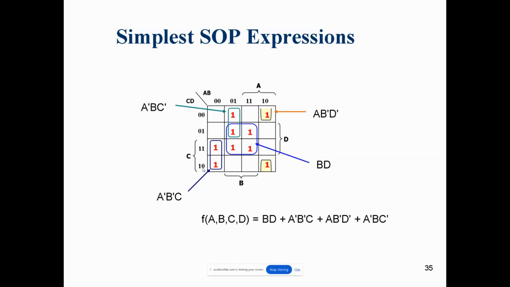The second product term consists of 3 literals, which is derived from a square of 2. Similarly, the third and the fourth product terms. All of them are what? Minterms or prime implicants or implicants? All of them are implicants, but not all implicants are prime implicants.